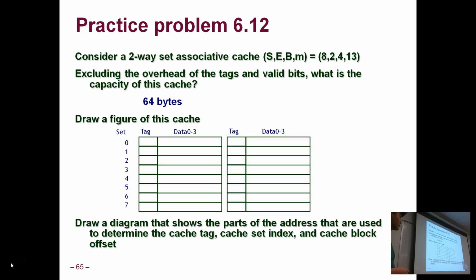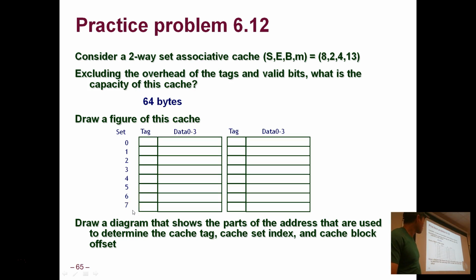For the figure, you have a two-way cache, so each set has 2 lines in it. Each line or each block has 4 bytes in it, so data 0 to data 3 is how I'm labeling it. And then you have 8 sets, so this goes from 0 to 7.